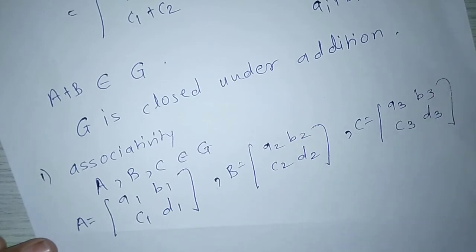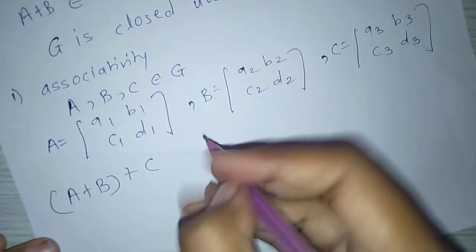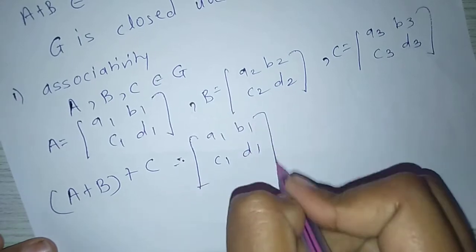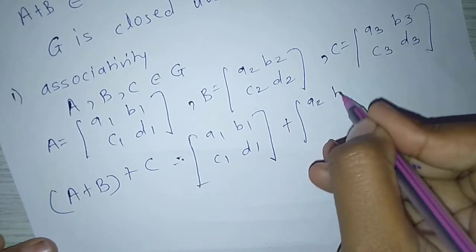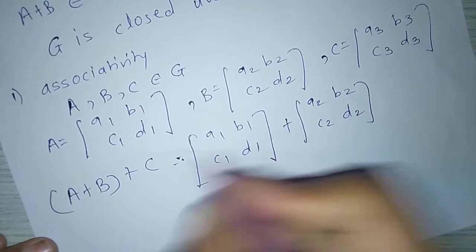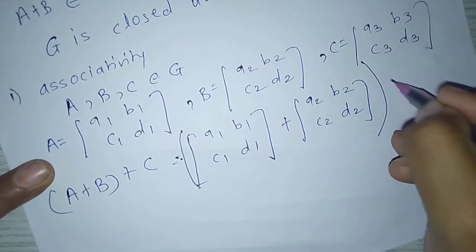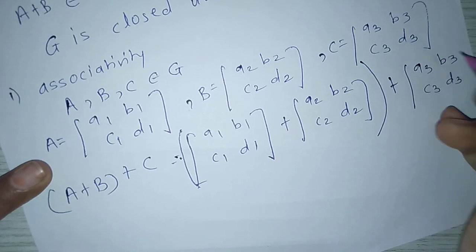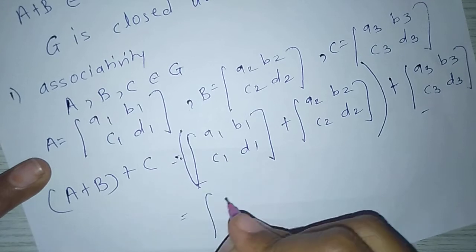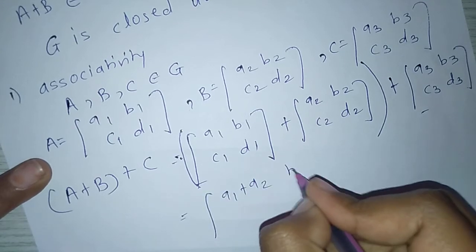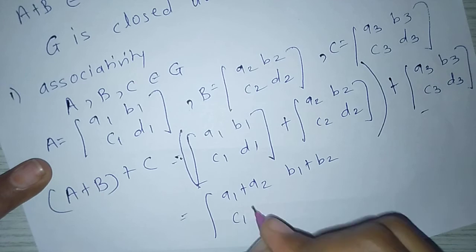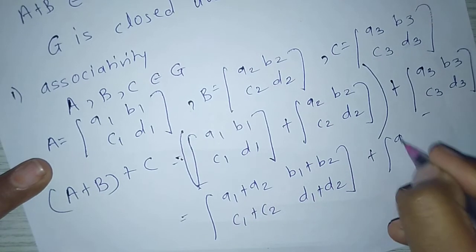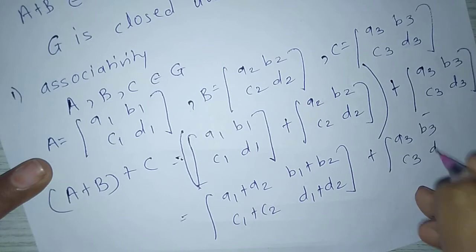(A plus B) plus C equal to [a1, b1; c1, d1] plus [a2, b2; c2, d2] plus [a3, b3; c3, d3] equal to [a1 plus a2, b1 plus b2; c1 plus c2, d1 plus d2] plus [a3, b3; c3, d3].